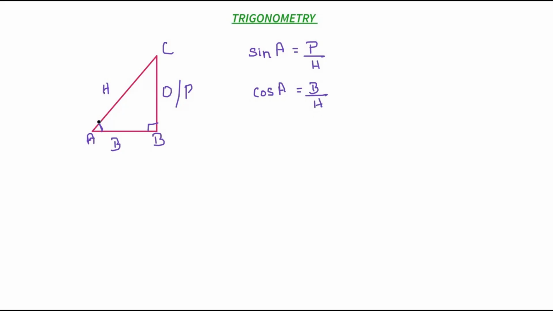Isn't it easy? Sine is perpendicular by hypotenuse, cos is base by hypotenuse. Now let's see the third one, which is the tan.